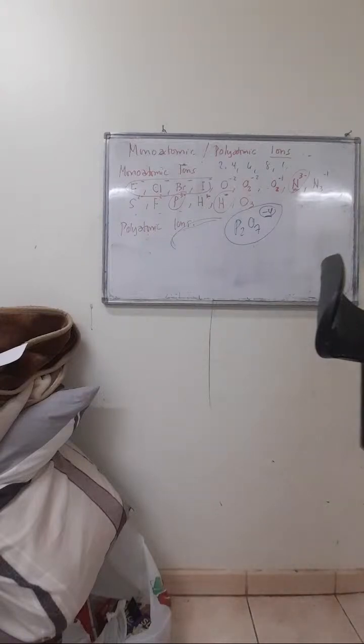So in case of pyrophosphate, negative 4, but the same P2O7. What I mean by the same? The same subscripts. Because pyrosulfate, though the charge is negative 2, the subscripts are the same. S2 and O7 also. Get the point? So pyrosulfate and pyrophosphate.